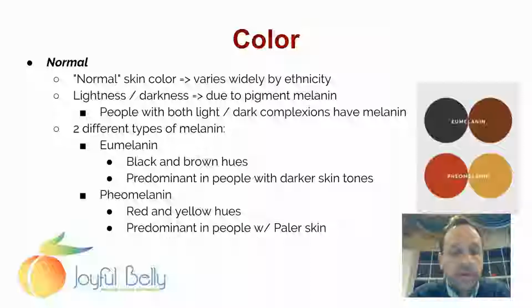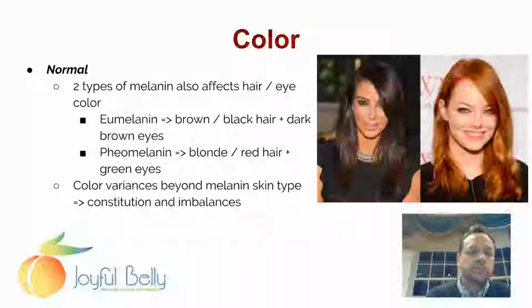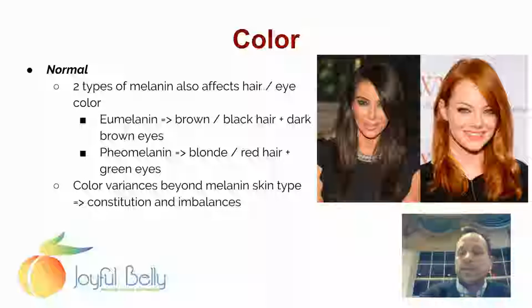She has probably the pheomelanin type. And so here we see an example of these two different skin types right there. The darker hair, the dark brown eyes, the darker skin, and then the pheomelanin type would be blonde or red hair with fairer skin and green eyes or blue eyes.